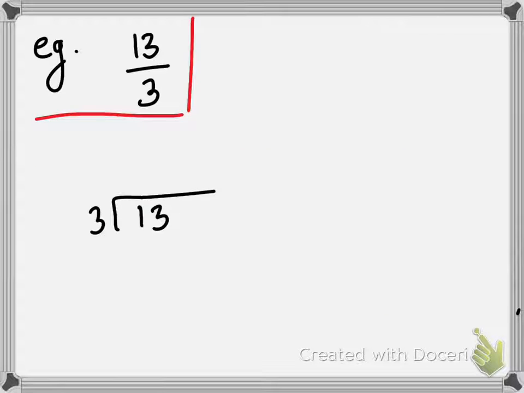I want you guys to try it with this one, 13/3. So I want you to try that on your paper. So Lennox, how many times does 3 go into 13? 4. It goes in 4 times. And what was 3 times 4? 12. And 13 minus 12? 1.